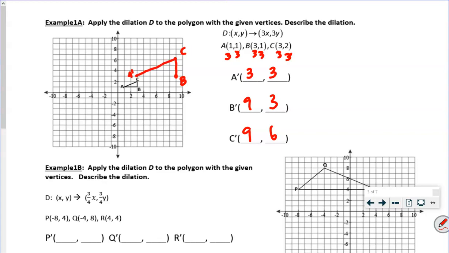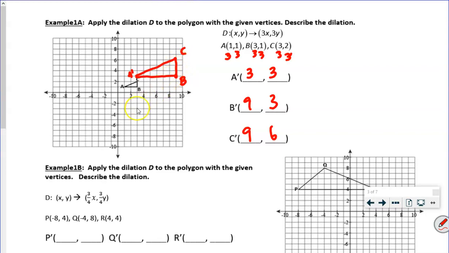So this is the dilation, and it's moving away from the origin, right? And it should if it's a dilation from the origin, okay? And notice this side's 2, and so this side is 1, 2, 3, 4, 5, 6, and 2 times 3 is 6. This side is 1, and this side is 3.